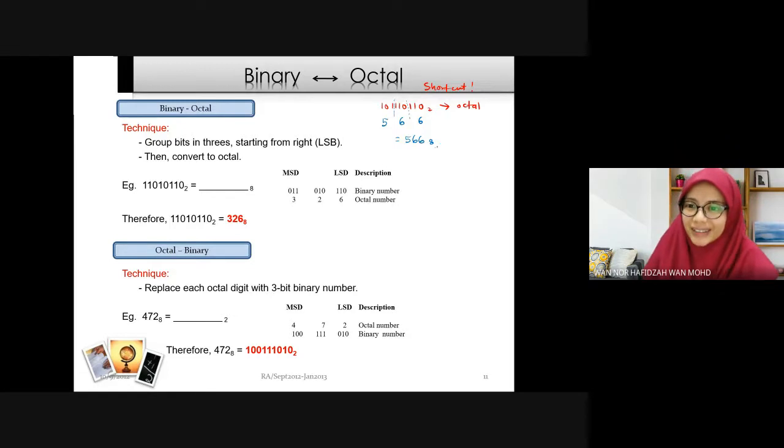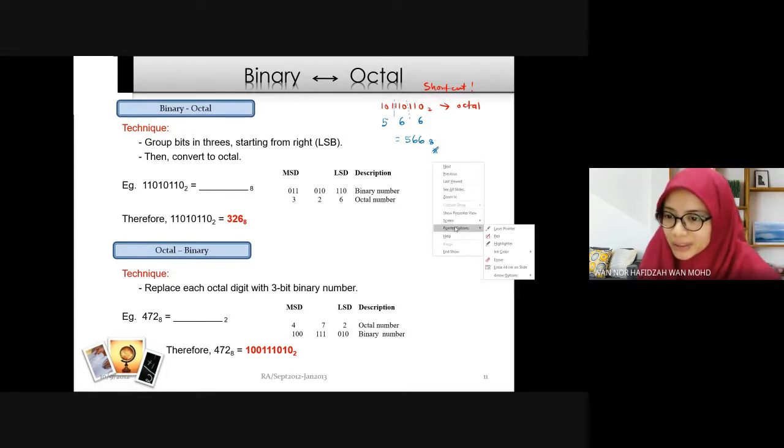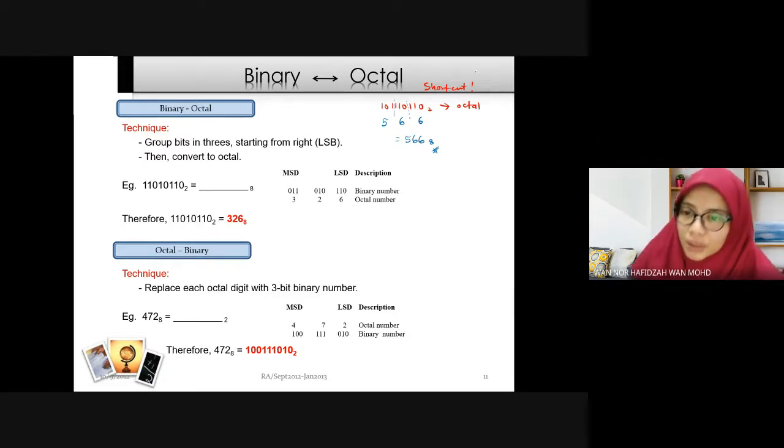Easy, right? I have another example. For example, we have 1001101101 base 2 into octal. How to do this?